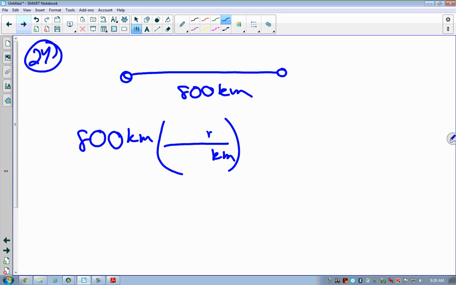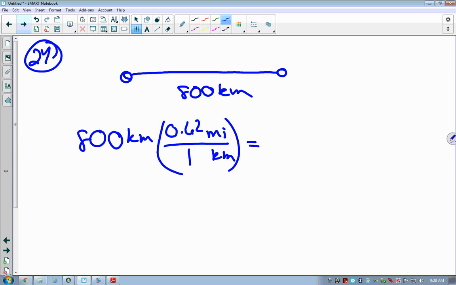So miles is going to go on top. All right, now let's use the conversion that they tell me. Where does the 1 go? On the bottom, because that's the conversion. 1 kilometer equals, what goes on top? 0.62, okay?